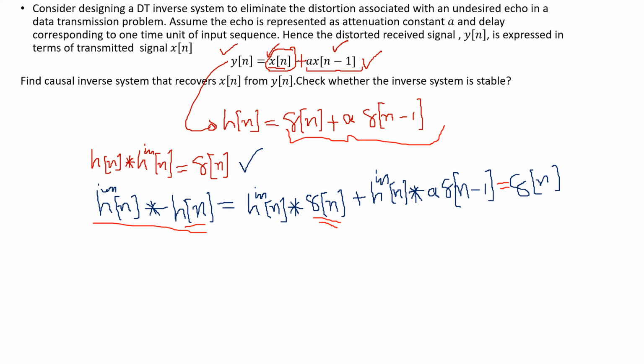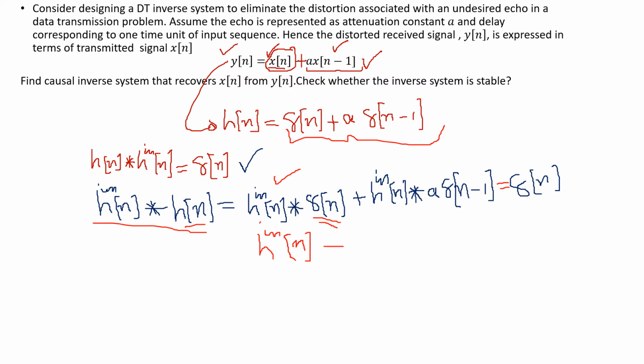For addition, 0 is the identity, so if you add anything to 0, you get the same thing. So convolution of this with the impulse results in the same thing. So we can write h inverse of n, we get the same.